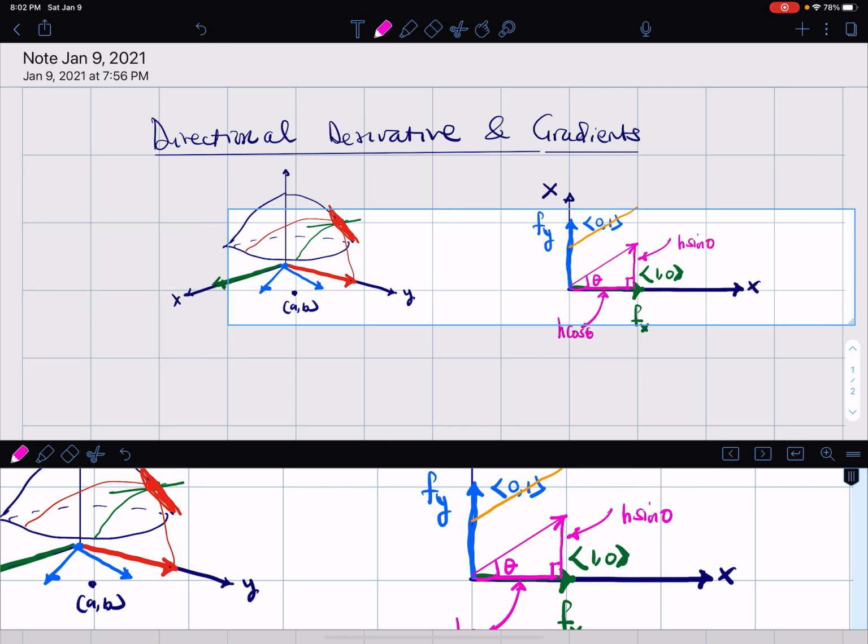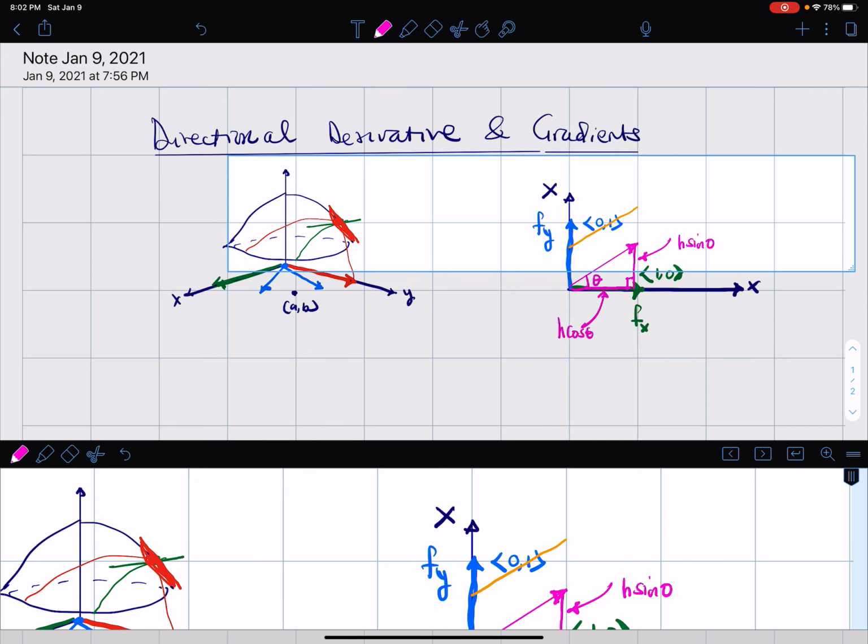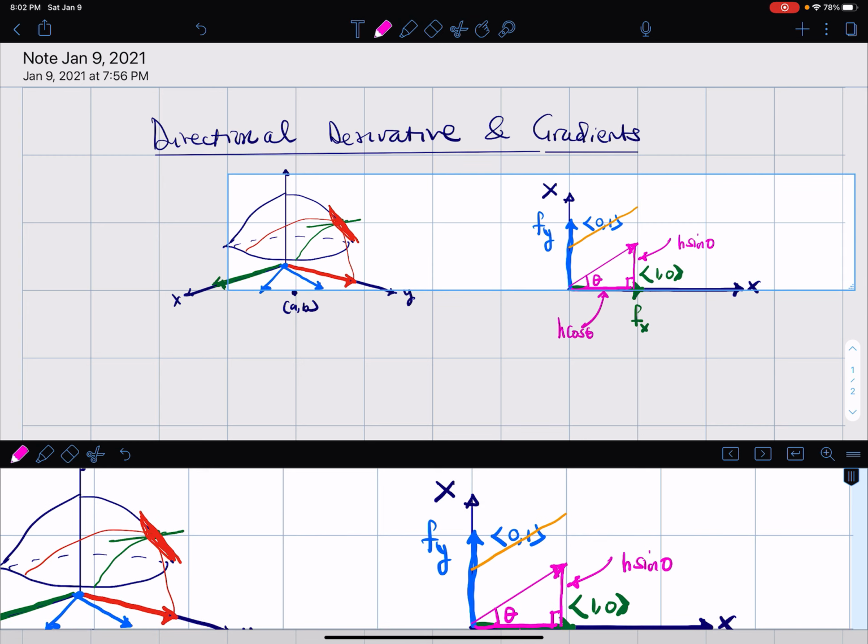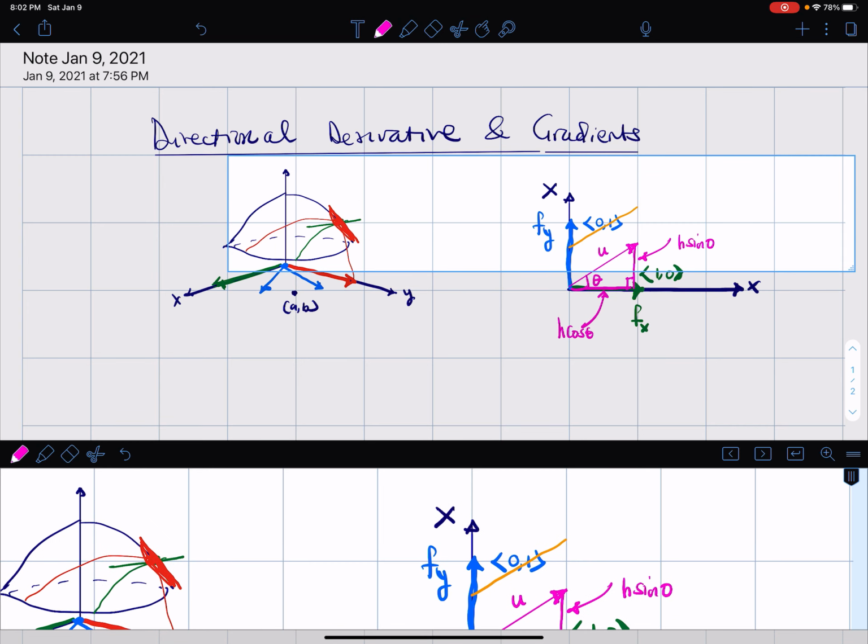That means that this unit vector is now the vector, let's call it u. So u now is going to be the vector, let's call it u1, u2, just going to be the vector h cosine theta and h sine theta.